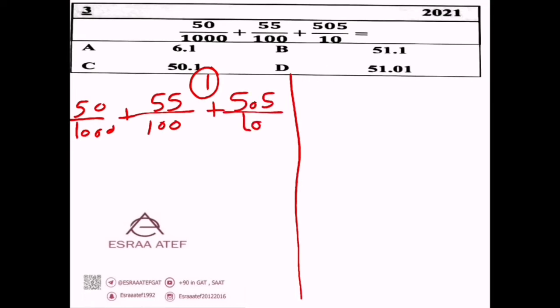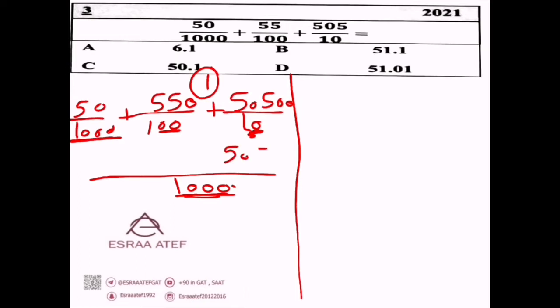We will make the denominator of all of them 1000. Here it's 10 only, so we will multiply by two zeros, because the difference from 1000 is two zeros. The next one has two zeros, and we want three zeros, so we will add one zero. Here it's 1000, the same, so it will be the same.